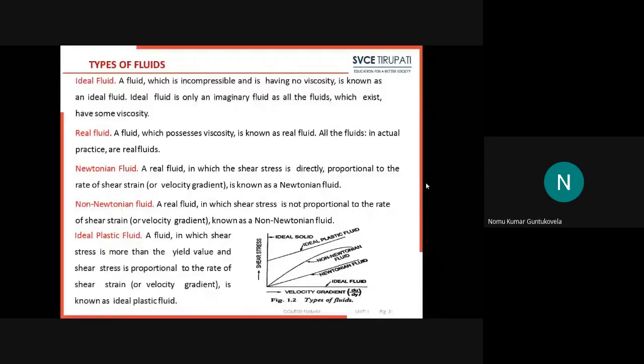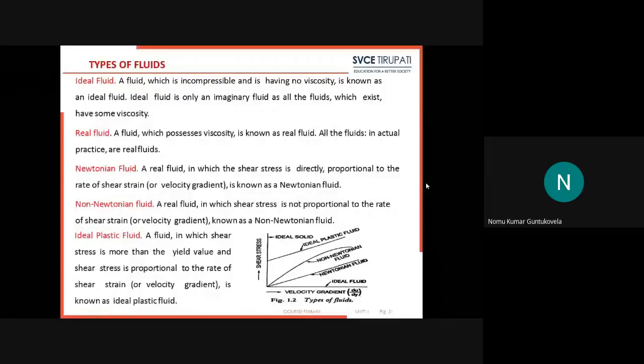Here we need to consider the velocity gradient. Newtonian fluids are real fluids where the shear stress is directly proportional to the shear strain.